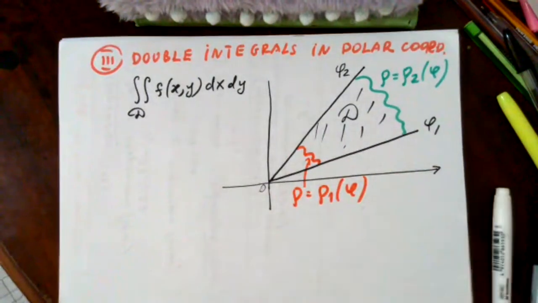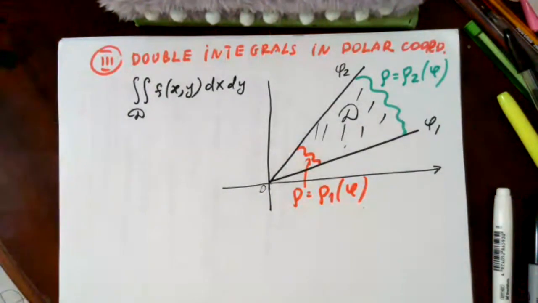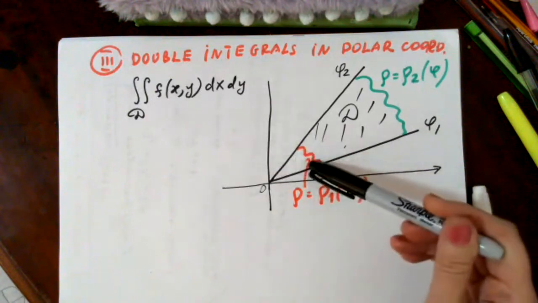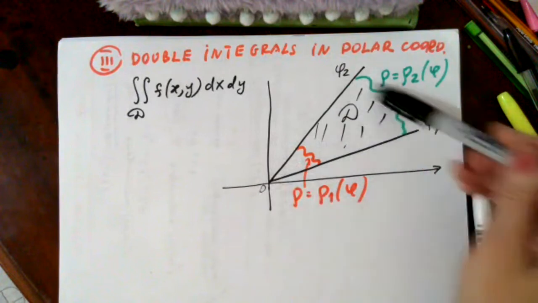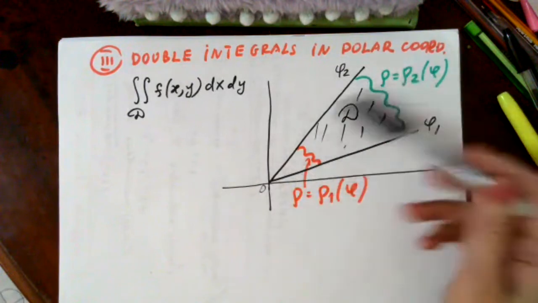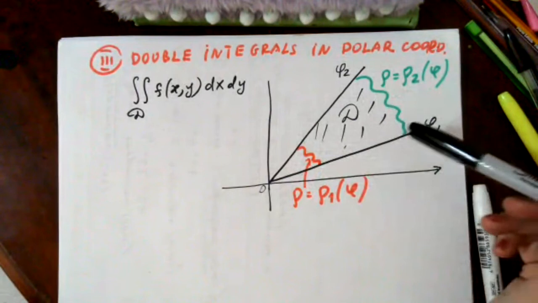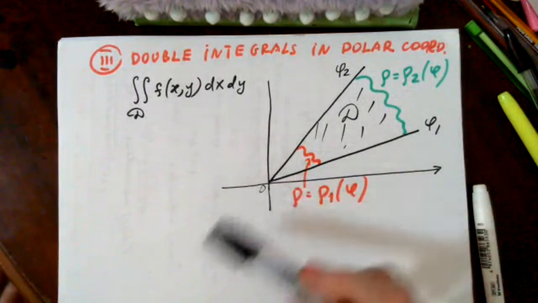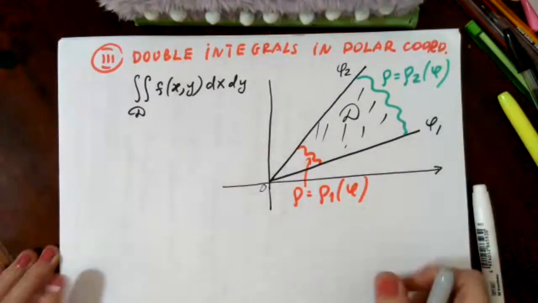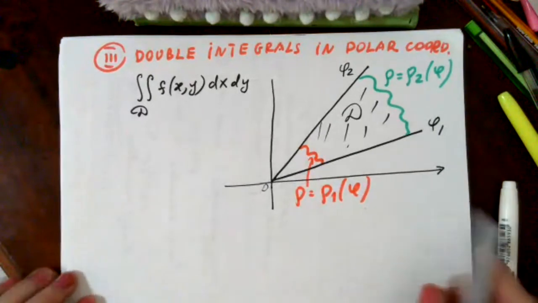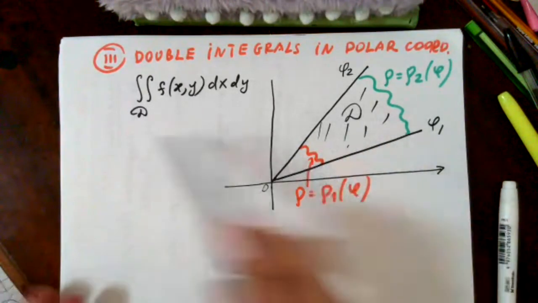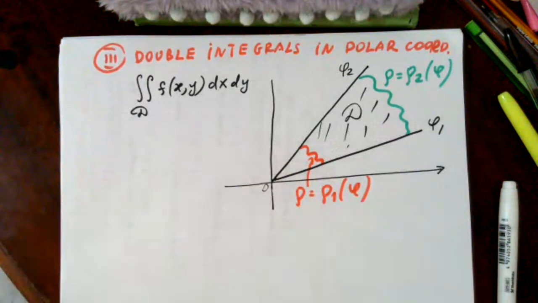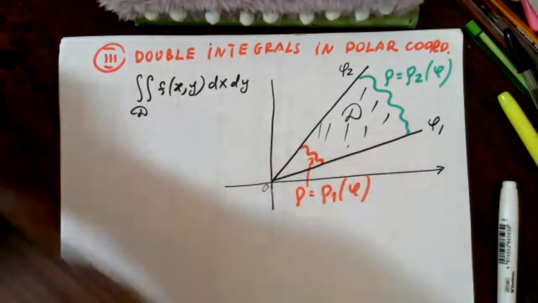Before that we used the words lower boundary and upper boundary. For the second template we used left boundary and right boundary. Here we can use words like closer boundary, because it's closer to the origin, and farther boundary, meaning in relation to the origin, or pole. You need to determine that your concrete region in your concrete problem satisfies these requirements, so it could be viewed as belonging to this type.